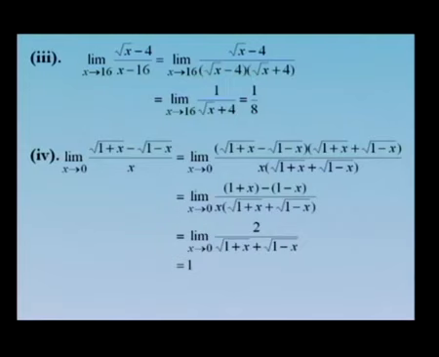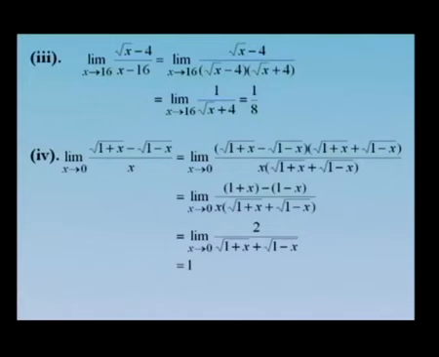So the square root x minus 4 cancels from numerator and denominator, and it remains only limit x tends to 16, 1 upon (square root x plus 4). Now this is in the simplest form. We can substitute x equal to 16 and we get 1 upon 8, which is the required limit. Next we take example 4.